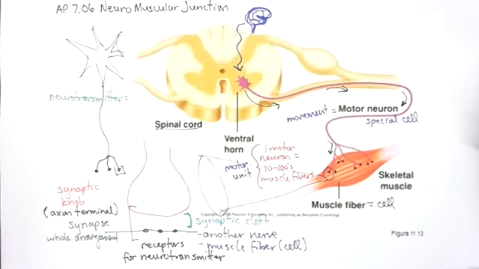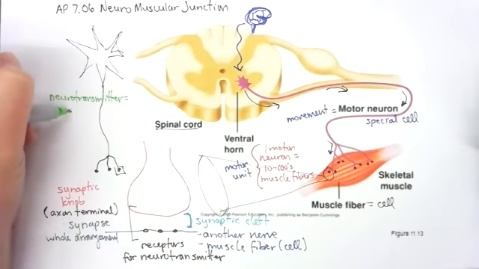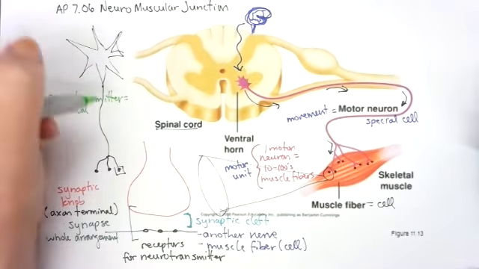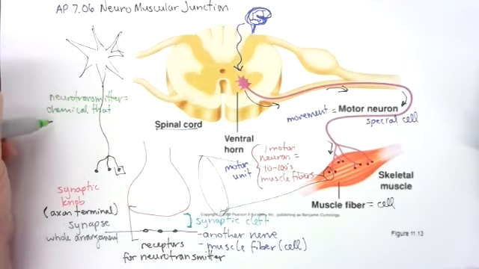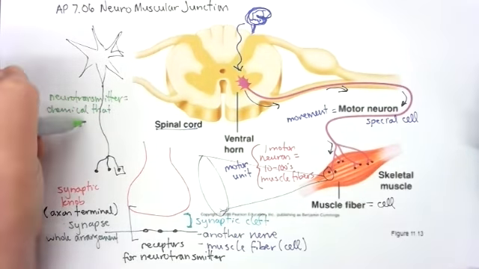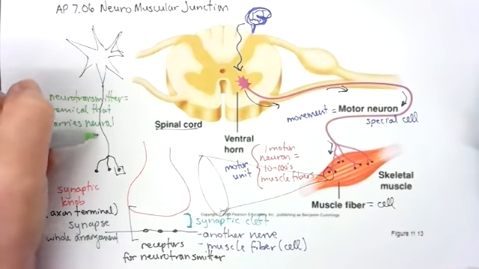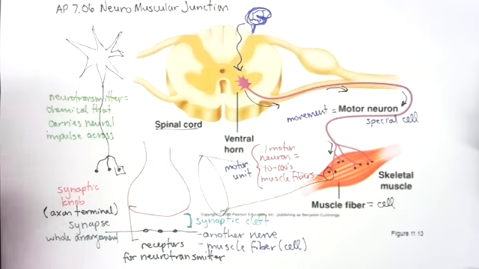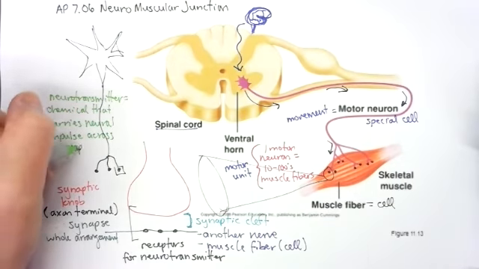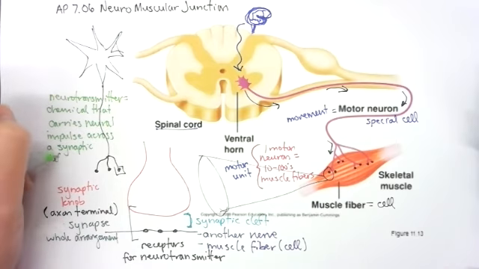A neurotransmitter is a chemical that carries a neural impulse across a synaptic cleft and binds to receptors on the opposite side.